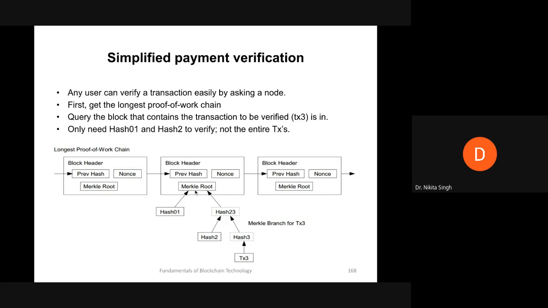You will only need to go from this transaction to this hash 23 and then to the Merkle root. So you do not have to go through the entire list of transactions, since it is not present in the form of a list. It is present in the form of a tree. So verification of a transaction present inside a block becomes very easy.